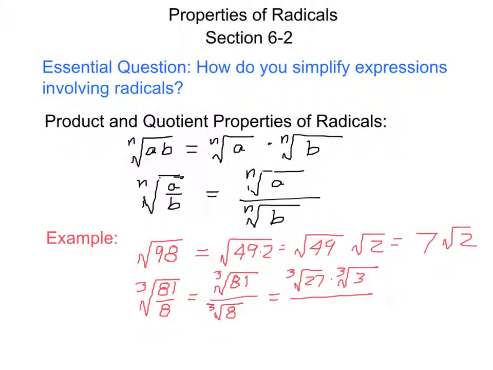Well, that's simply 2. And our final simplification, the cube root of 27 is 3, so this becomes 3 times the cube root of 3 over 2. So here are a couple of examples of how we can utilize these properties of radicals.